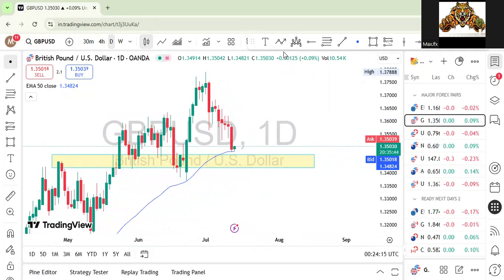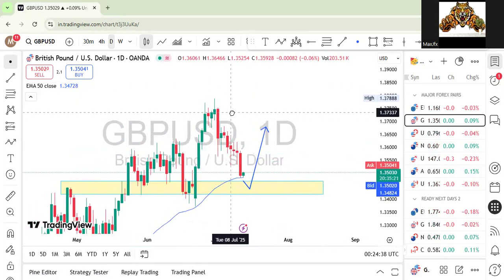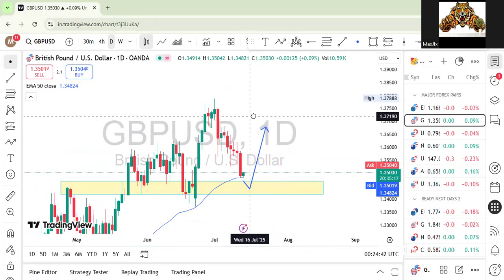So now I'm waiting for price to tap into this zone in our move up. I'm going to wait 2 or 3 days for it to make the confirmation, because I can't just enter on this day, because you can see this big bearish candlestick right here. So I want to look for a confirmation to give me an opportunity to enter into the market.